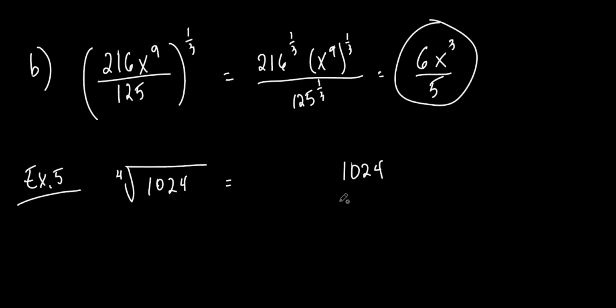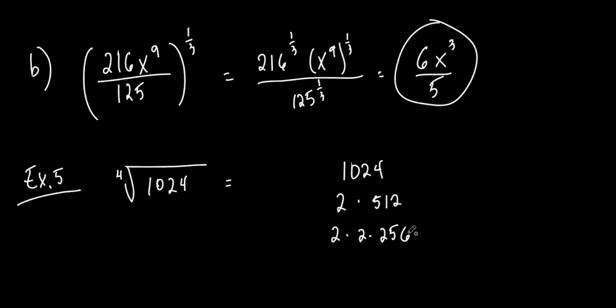All right, so what do you got? 2 times 512, right? Break 512 down. Take 512, divide that by 2, and that's 256. So I got a 2, I got a 2, and I got a 256.